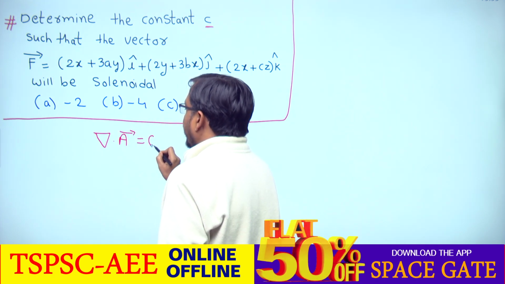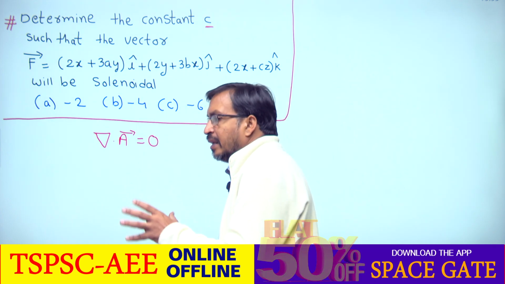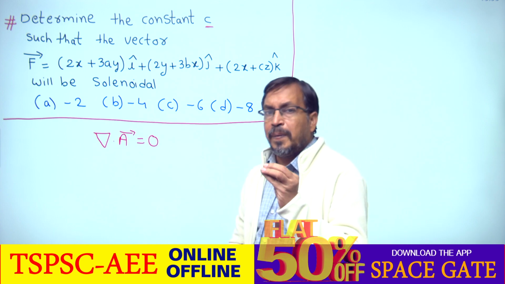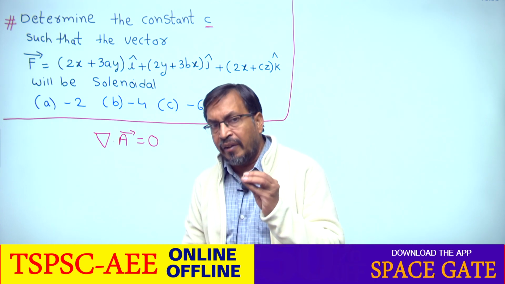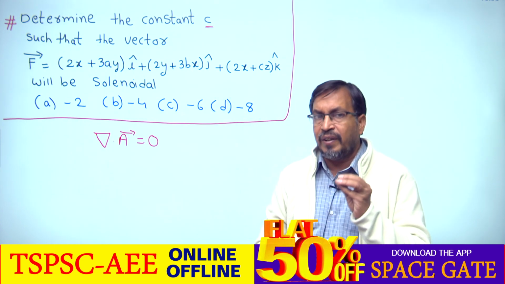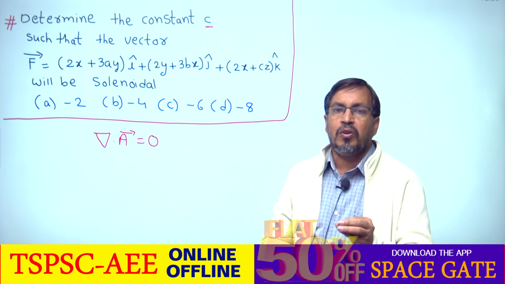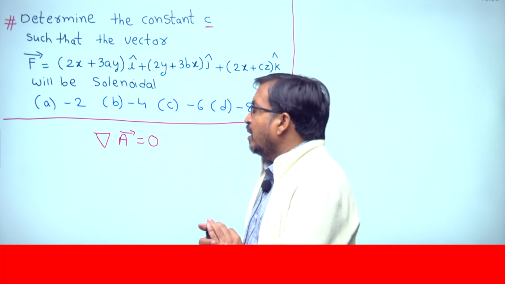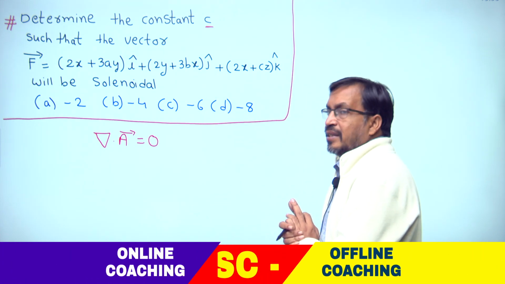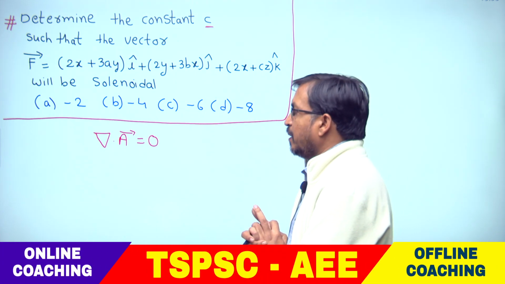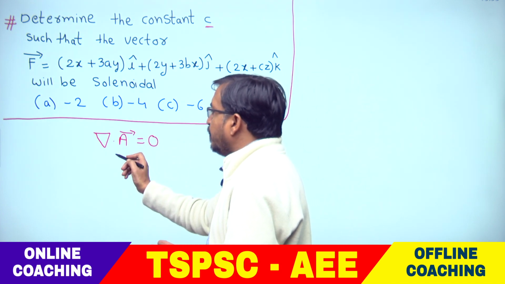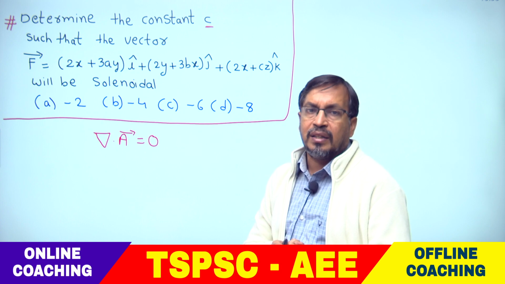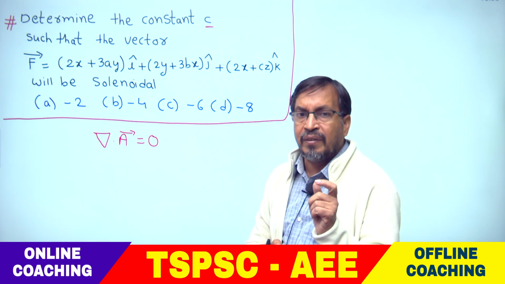Students, this is a very important point: if the divergence of the given vector is equal to 0, then the vector is solenoidal. Divergence means the dot product of del and the given vector.